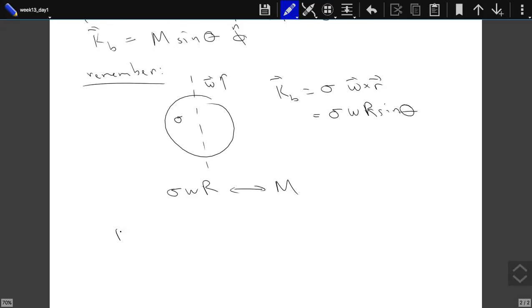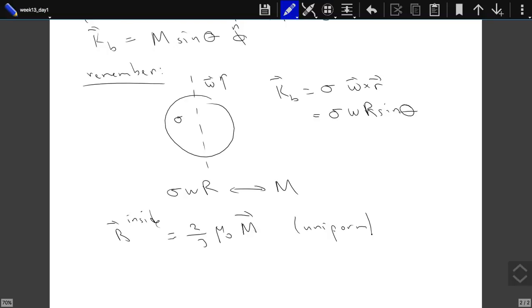Well, the B field inside, if I'm not wrong, was 2/3 mu0 m. The important thing is that it was uniform.